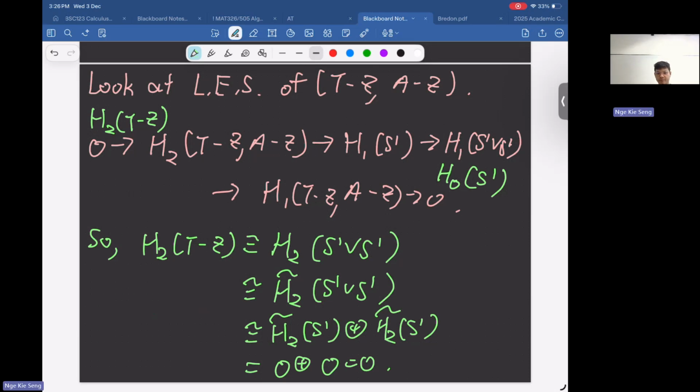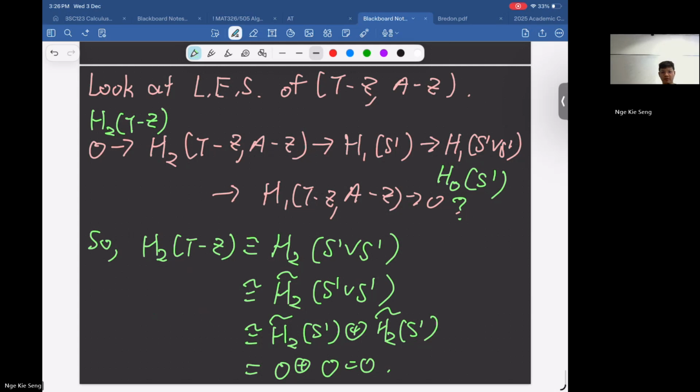Okay. What else do we want to know? Why did I put an H0 of X1 there? Why is it a 0 there? Okay, maybe we can figure that out later. But most importantly, what's this map here?